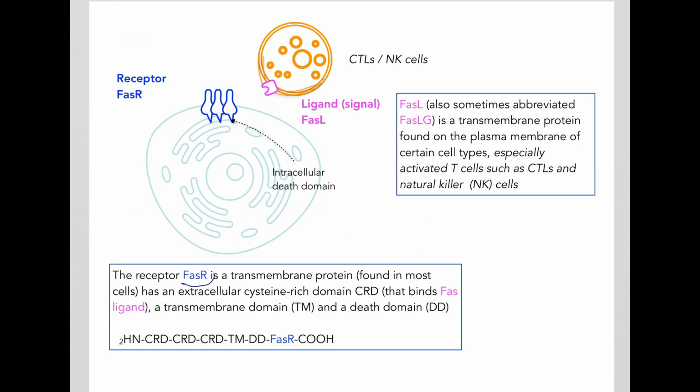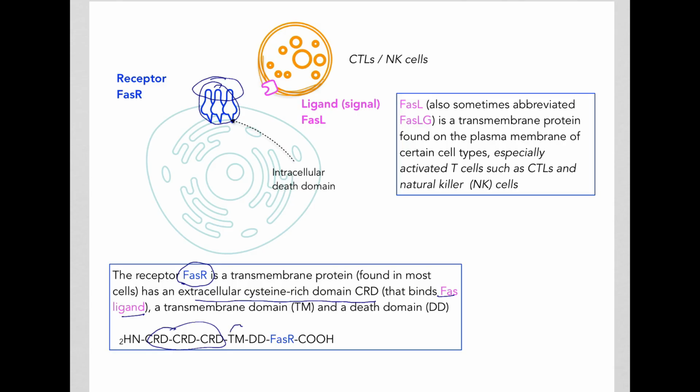The Fas-R receptor is a transmembrane protein. This is found in most cells. It has an extracellular cysteine-rich domain, CRD, and this is the extracellular domain that binds the ligand, the Fas ligand.